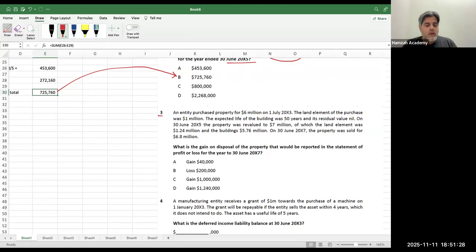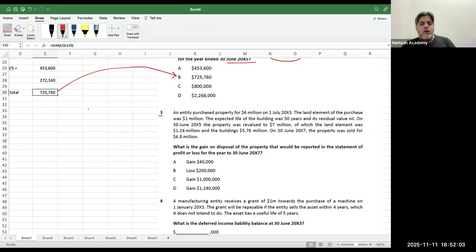Now, over here, this is a three-step kind of approach question. First, we had the cost. Then the building was depreciated for a certain time period. Then it was revalued. And after revaluing, it was then sold later after a number of years as well, right? So we have to go with the flow, and take into account everything related to it, which was done over there, right?